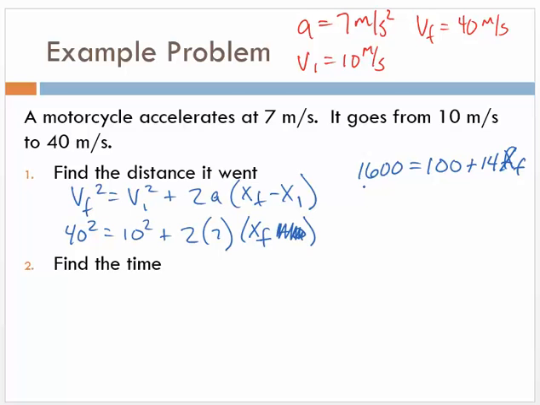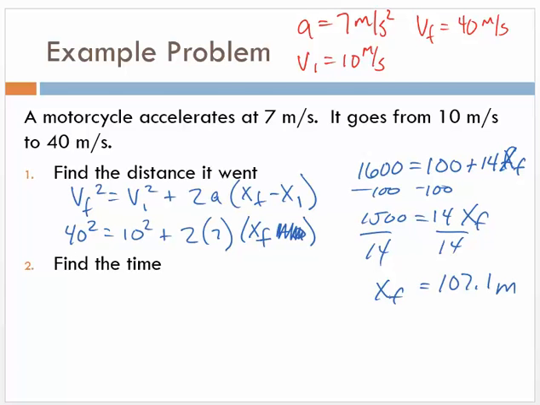What I get here is 1600 equals 100 plus 14xf. Subtract 100 from both sides. 1500 equals 14xf. Divide by 14, and we get xf equals 107.1 meters.